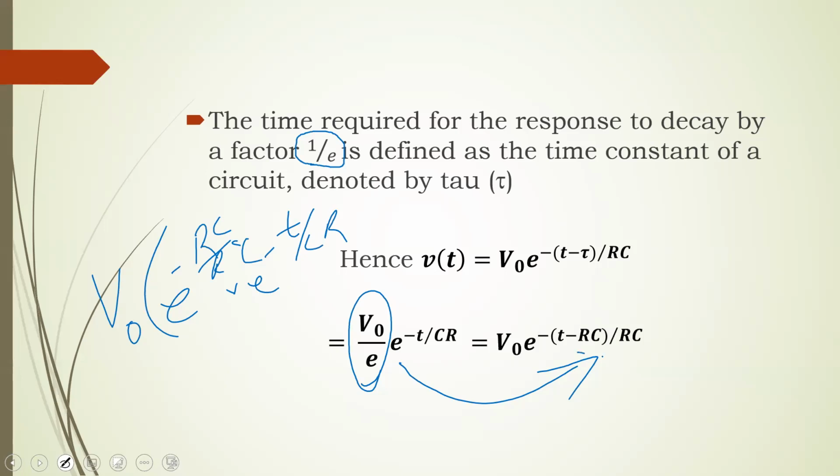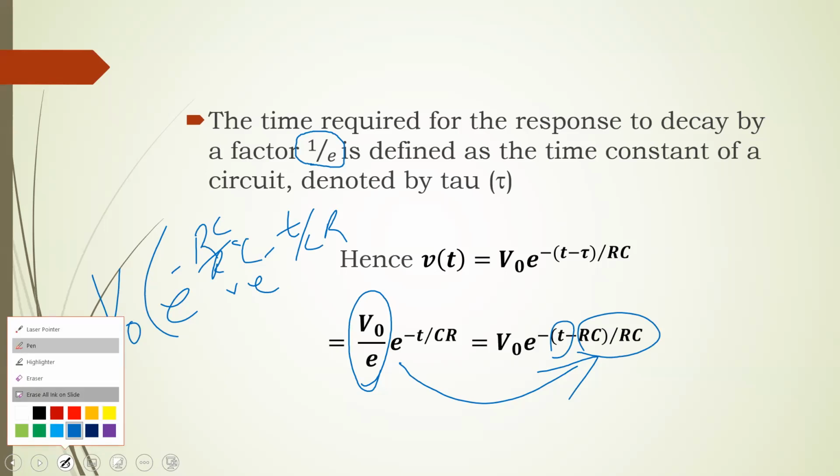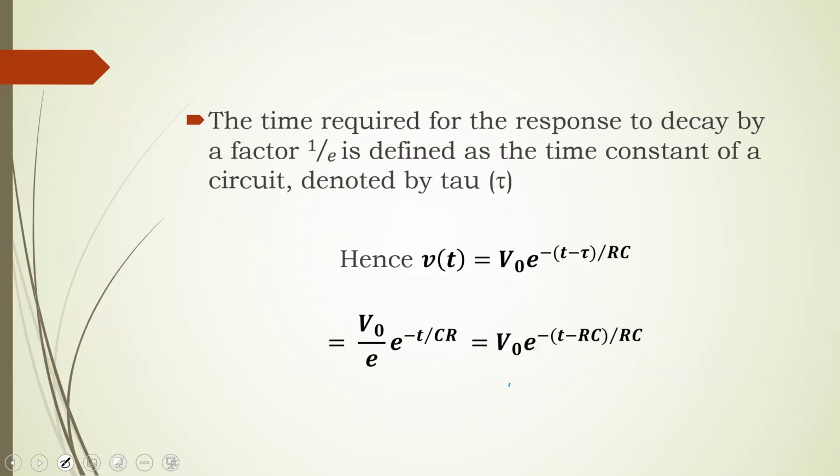So RC over RC, that's minus 1. And you still have your t over RC. All right. It's math. Okay. So tau is equal to RC.